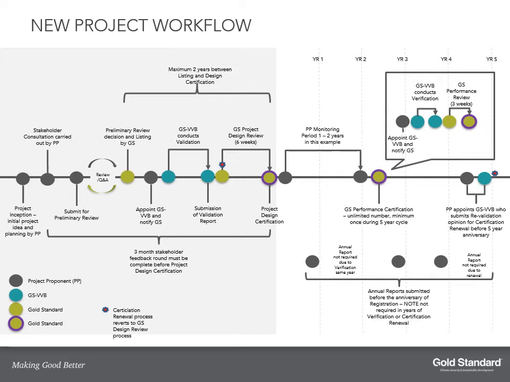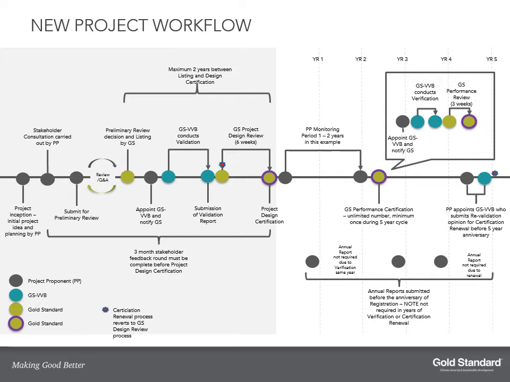So working from left to right, the initial project inception will take place, led by the project developer, who will conduct a stakeholder consultation and submit that for preliminary review to Gold Standard. Preliminary review is an opportunity to iron out any major creases and is similar to our listing step in version 2.2.